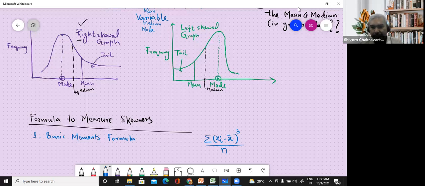The modification of this turns out to be like this, divided by standard deviation and 1 by n. So this is the formula for skewness.